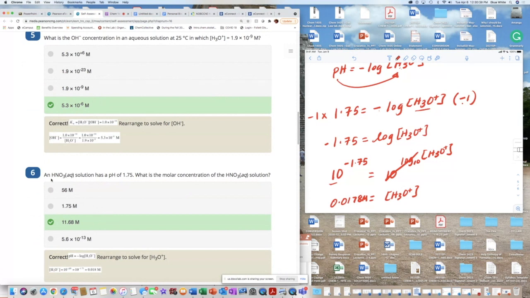Okay. Professor, can I get the Ka for nitric acid? Yes, number 6. He looks at number 6 and he looks at me like, you don't need the Ka? I'm like, yes, it's a strong acid. Listen, he looks at me like, why do you need the Ka?